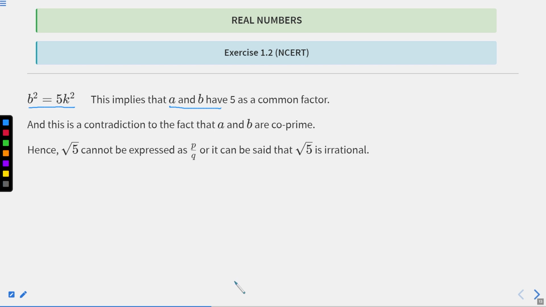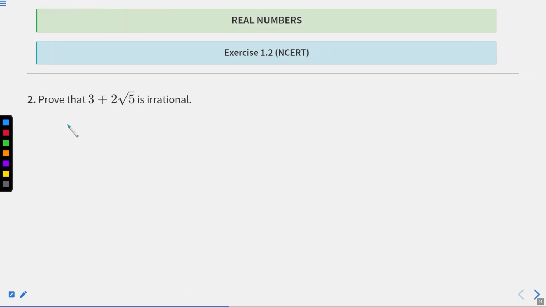Hence we conclude that root 5 cannot be expressed as p over q, so root 5 is an irrational number. Root 2, root 3, root 5 are all irrational numbers.